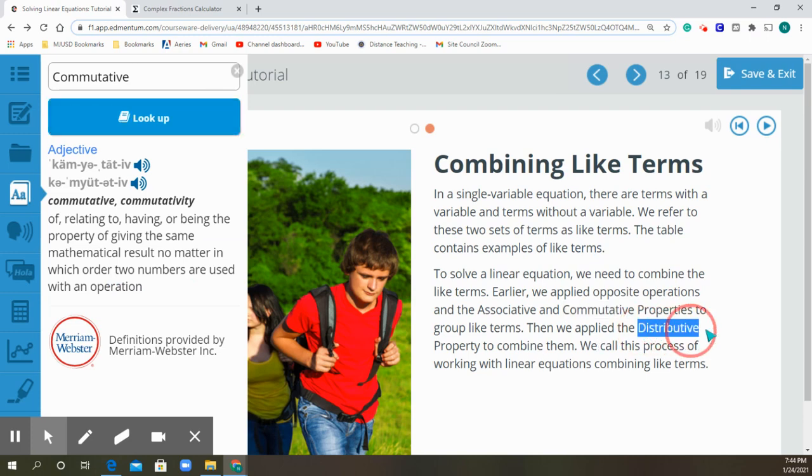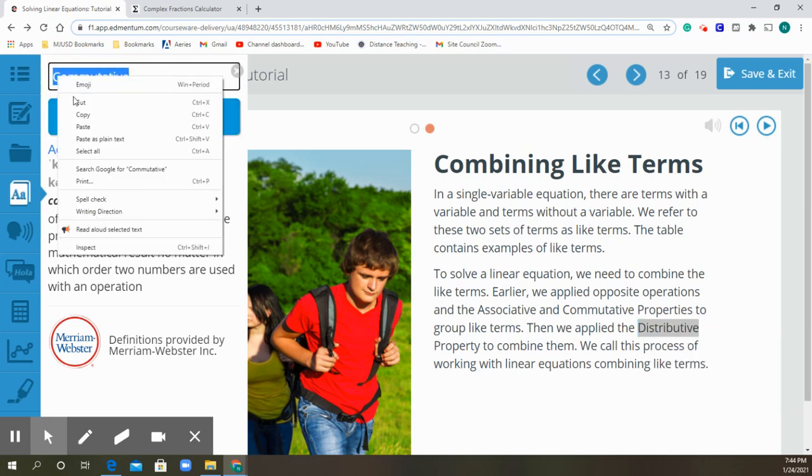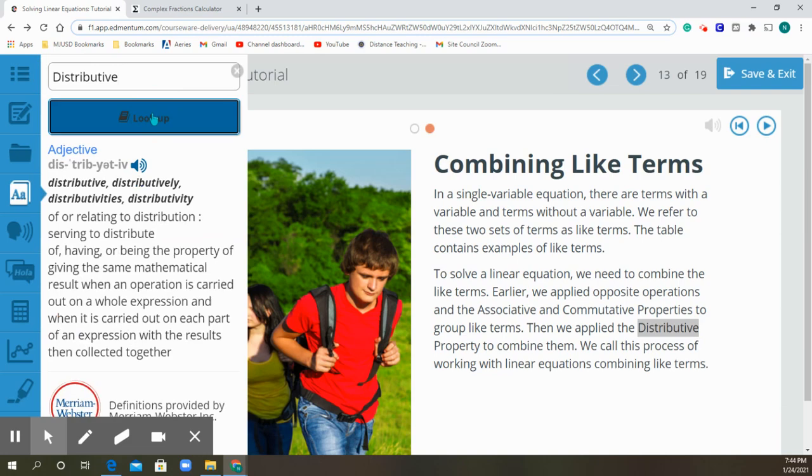And distributive. So having or being a property of giving the same mathematical result when an operation is carried out on a whole expression and when it's carried out on each part of an expression with the results then collected together.